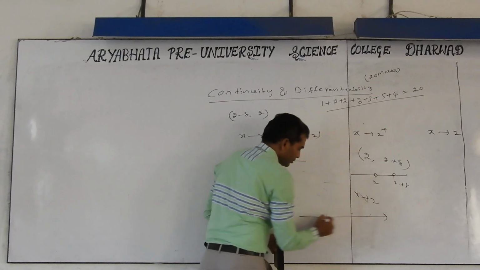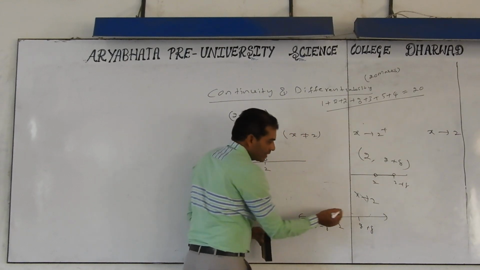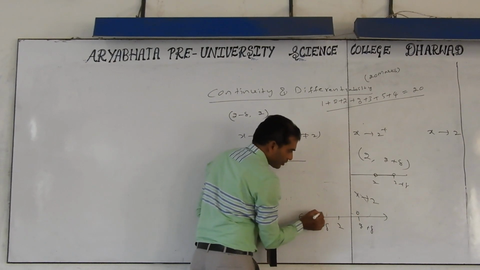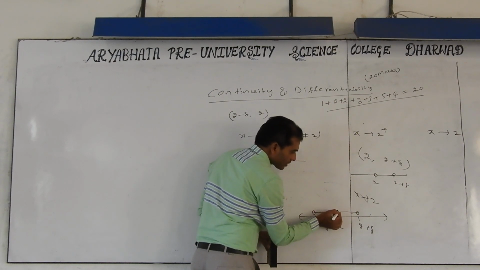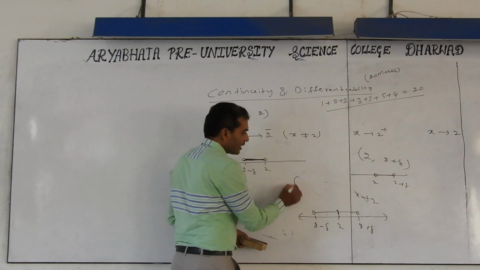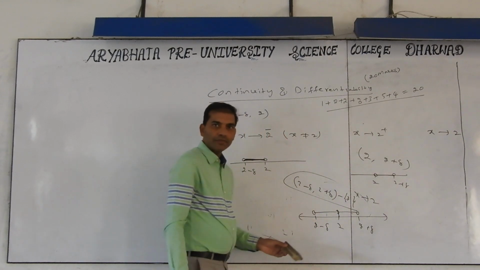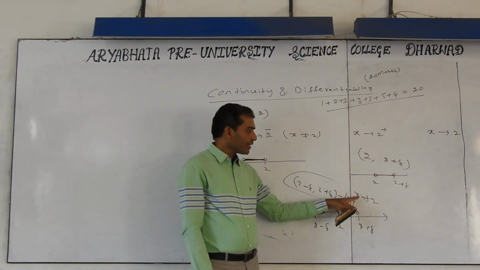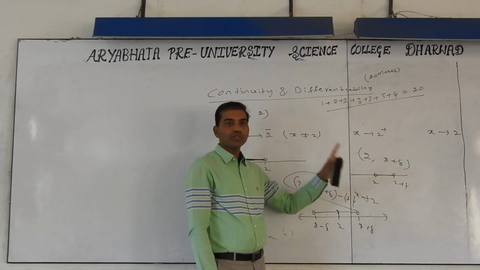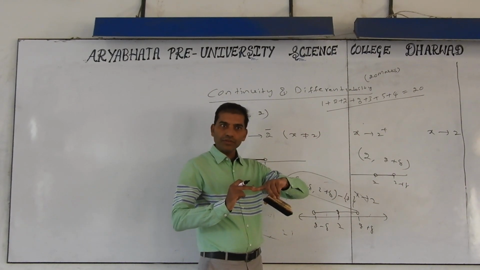The open interval (2 minus delta, 2 plus delta) except 2 is called the deleted neighborhood of 2. It is denoted by x tends to 2. So x tends to 2 means x is not equal to 2. What is x? Maybe 1.9 to 2.1.